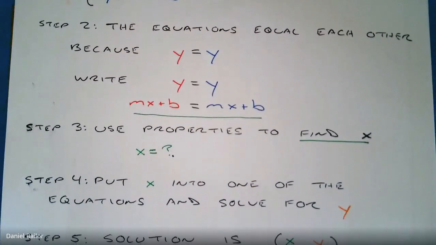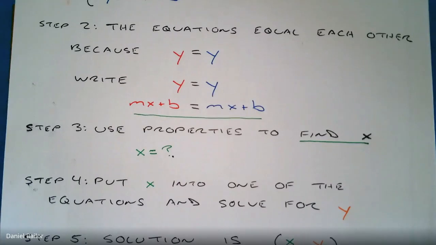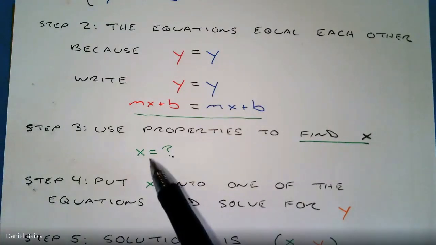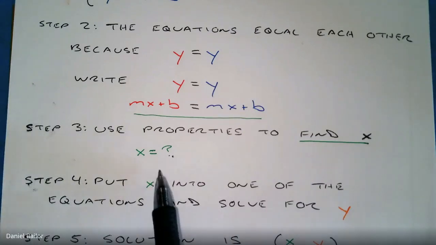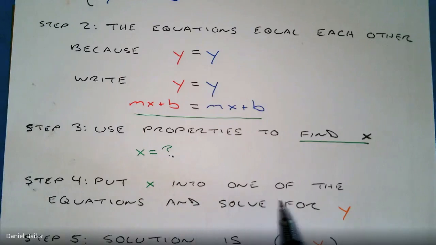That's step 4. Step 4, you pick one of the equations, you put the x that you found in step 3. Take the x from step 3 and put it into one of the equations in your system. Does not matter which one. And then after you have the x, you can find y.